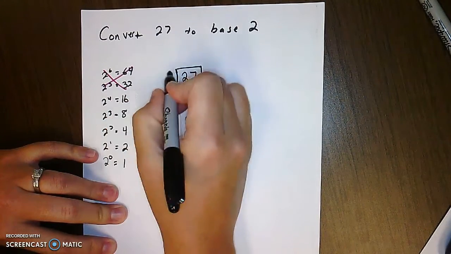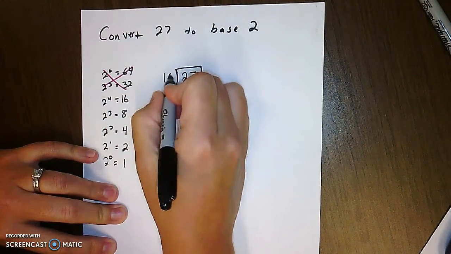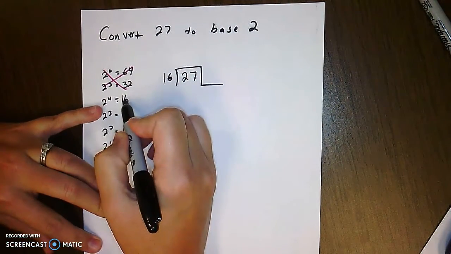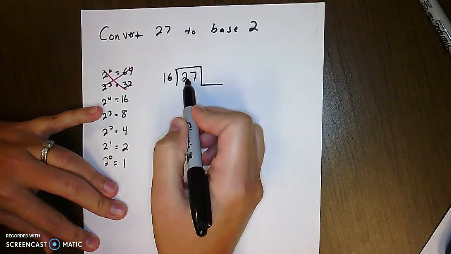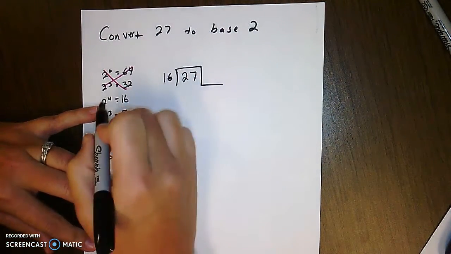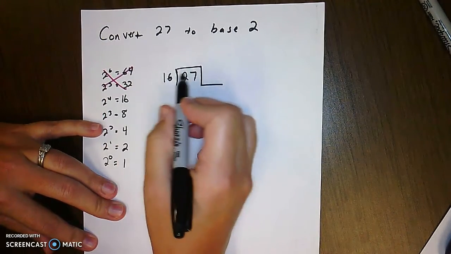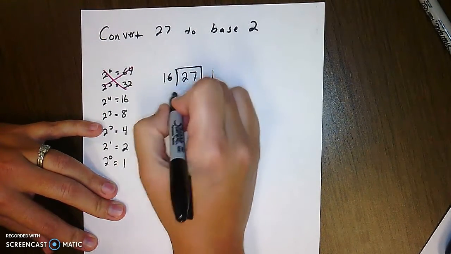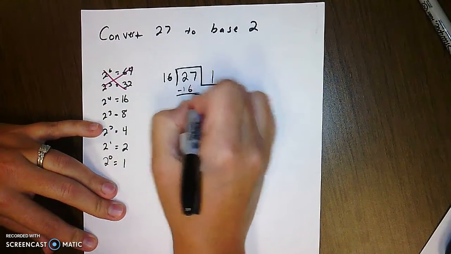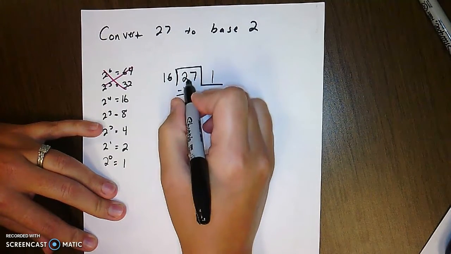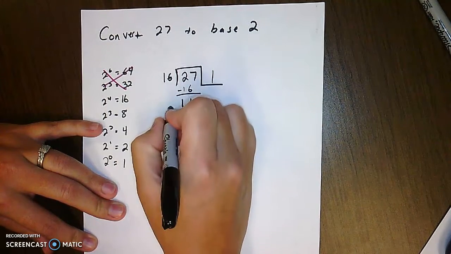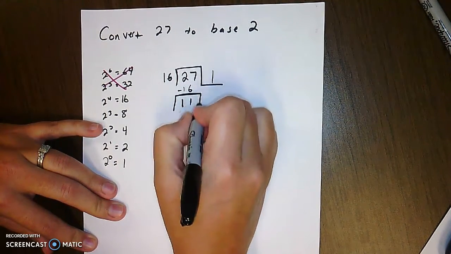So I'm going to do the 16 because I'm looking at these powers of 2, and I'm working with the first one that's smaller than my 27. So 16 is going to go into 27 just one time, right? And then when we subtract the 16 from it, we have 11.